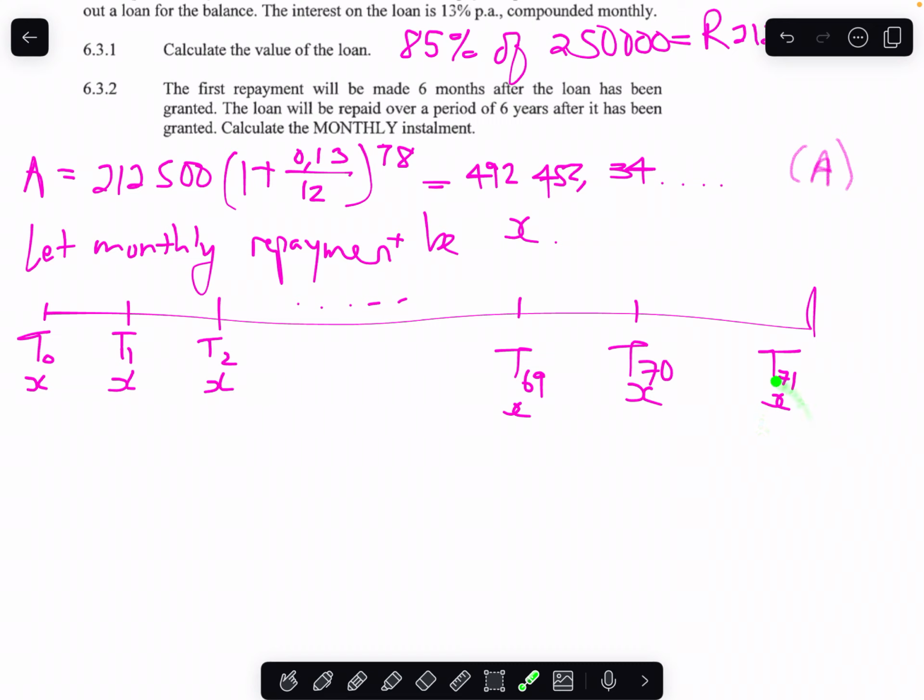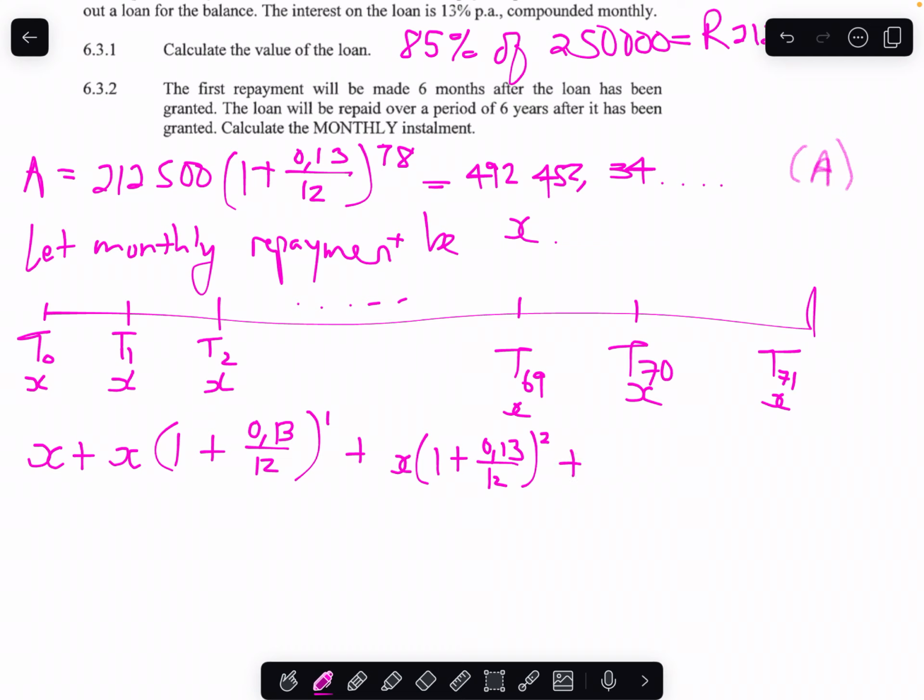Okay, anyway, ramble aside, this last payment won't earn any interest. So it is just going to be X, right? The one before that will earn interest for a month. So that is X times 1 plus 0.13 divided by 12. And it just earns interest for 1 month. The one before that will earn interest for 2 months.